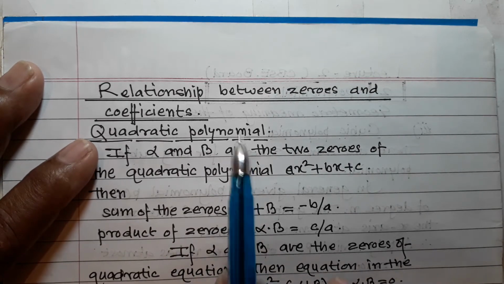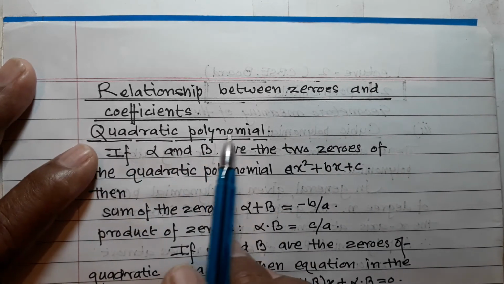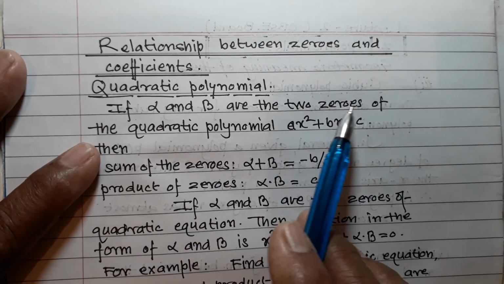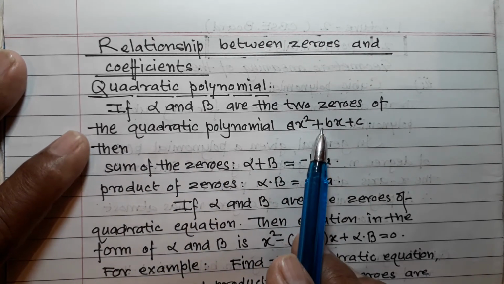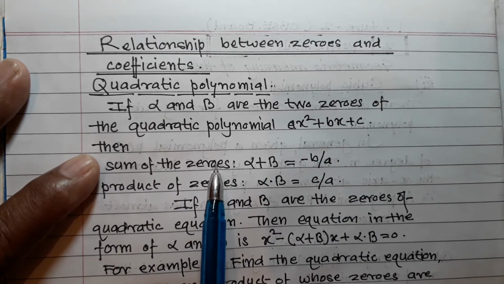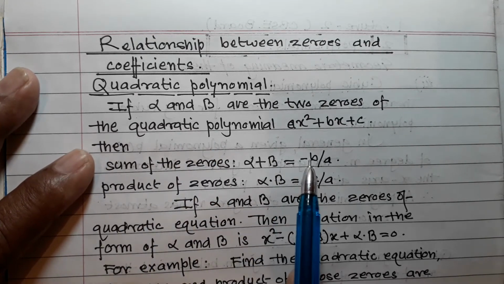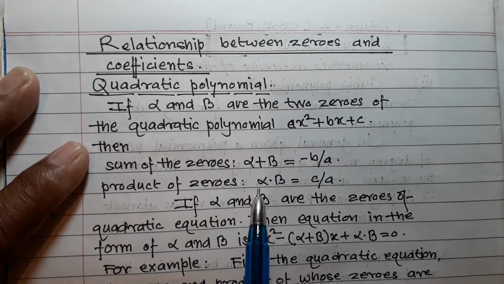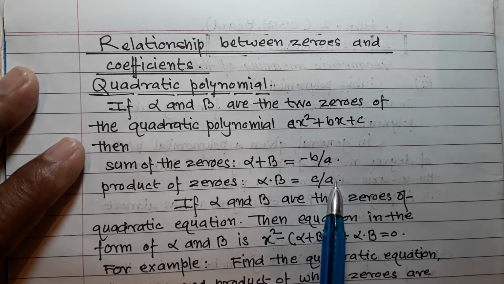Now then, I will explain to you the relation between zeros and coefficients. For a quadratic polynomial, if alpha and beta are the 2 zeros of the quadratic polynomial ax square plus bx plus c, then the sum of the zeros, alpha plus beta, is equal to minus b upon a, and the product of zeros, alpha into beta, is equal to c upon a.